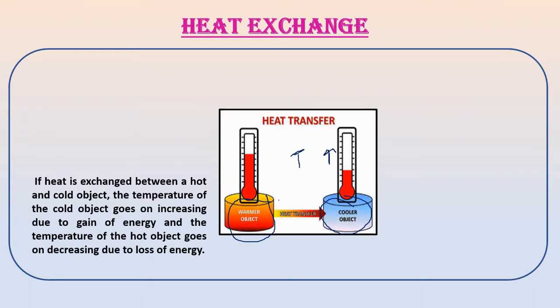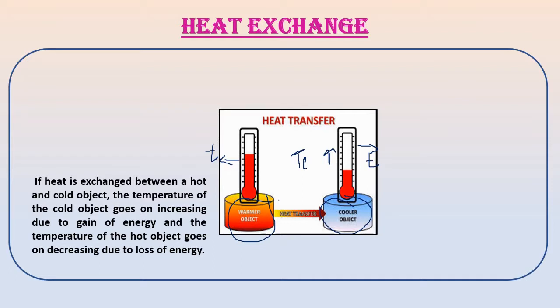Now students, this is a thermometer. I'll just mark it with small t. So on both hand sides, these are the thermometers. I will mark it with small t. So what we can say, when the heat is transferred from the warmer object to the cooler object, the temperature of the cooler object will increase.